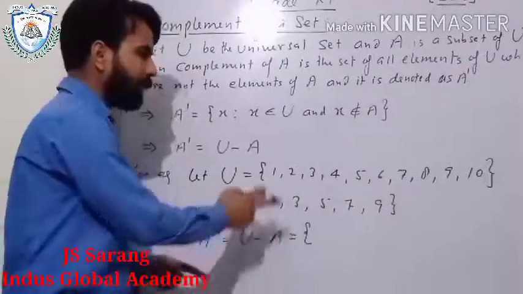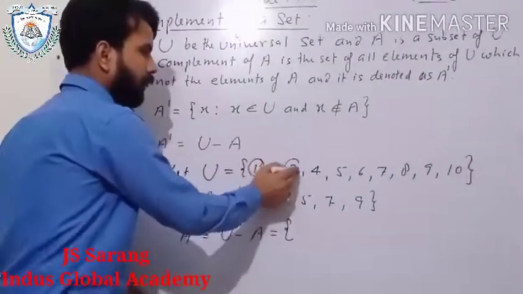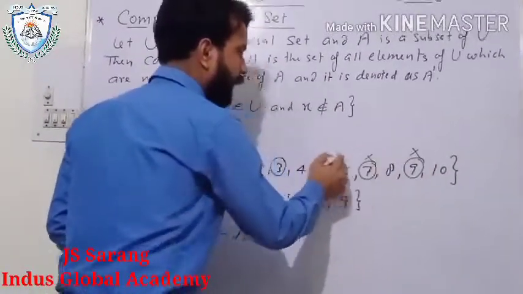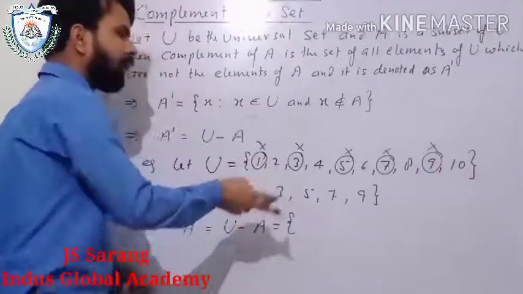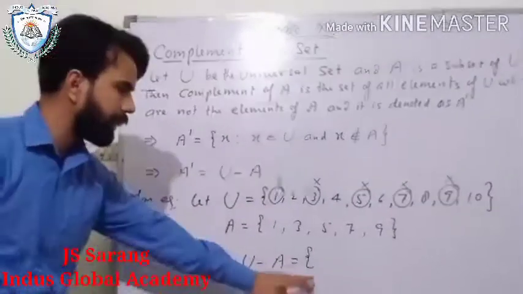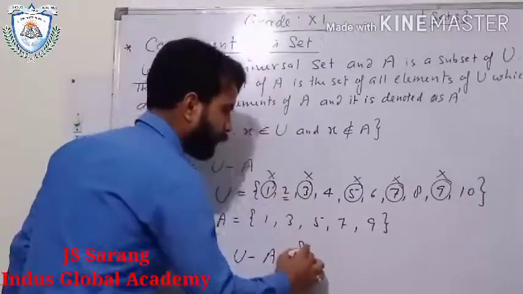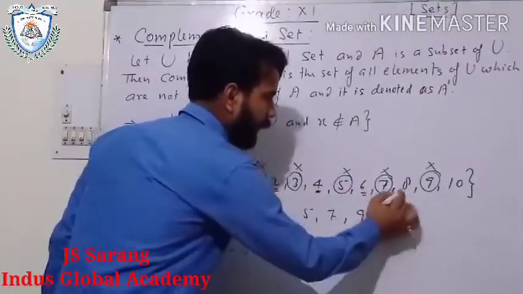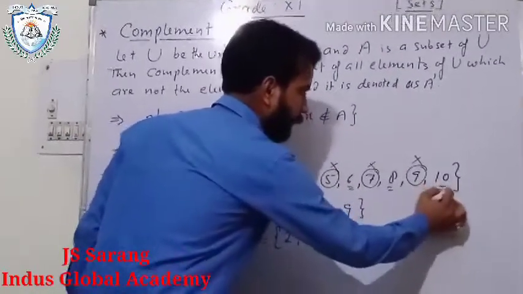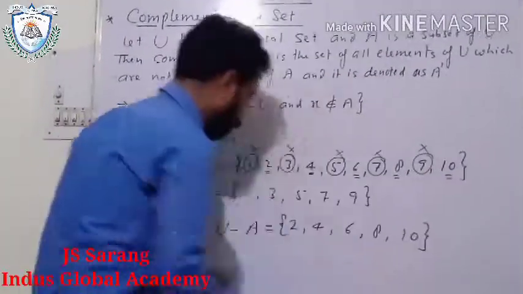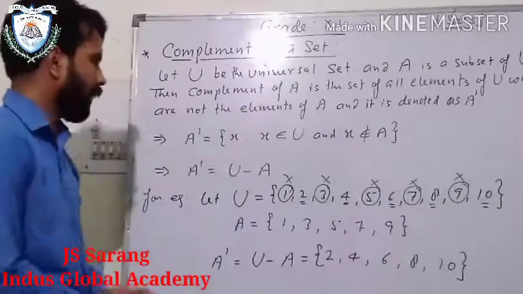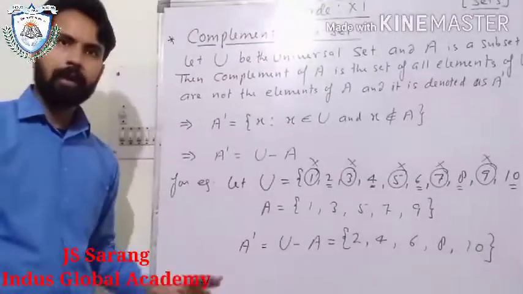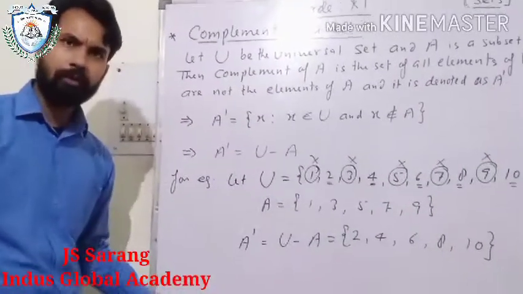We will remove these elements from U. And whatever is remaining, we will note it here. What is remaining? 2, 4, 6, 8 and 10. This set is known as the complement of A. Understood? Hope it is clear to everyone.